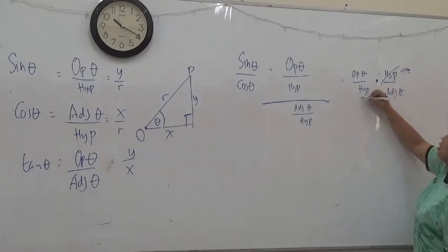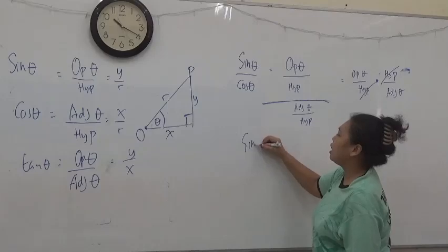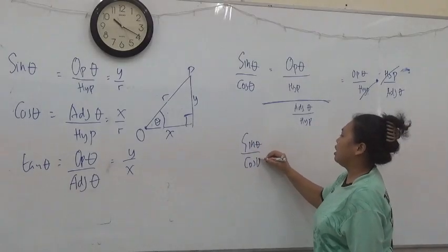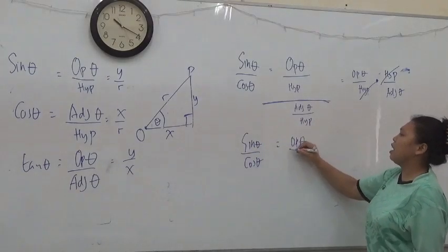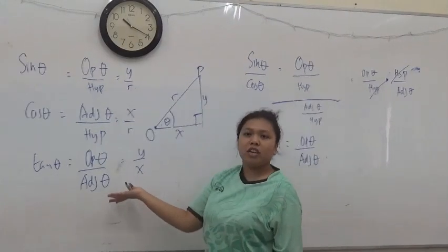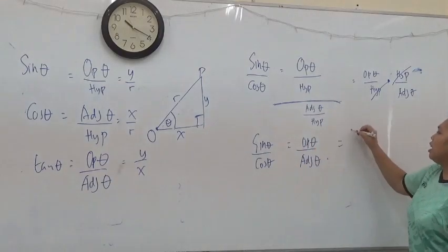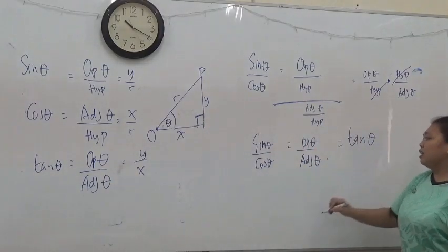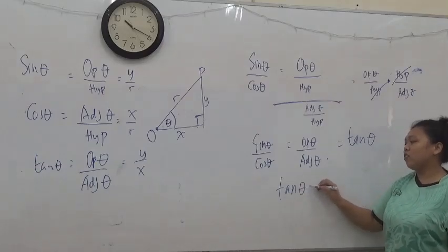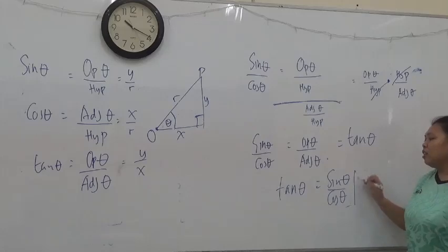And you can cross out the same variables. So what is left is opposite of theta divided by adjacent of theta. Now you go back to the one that you already got: what is opposite divided by adjacent? It is tangent, right? So now you have computed that tangent theta equals sine theta over cos theta.